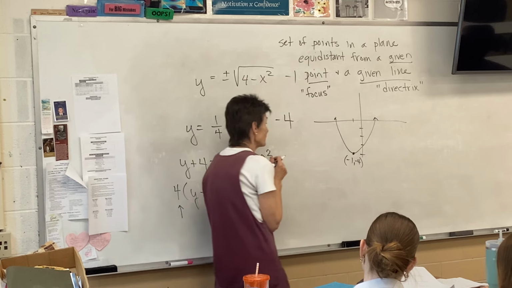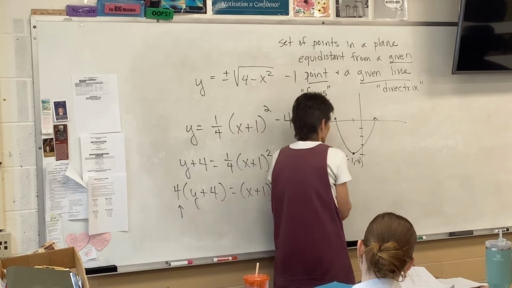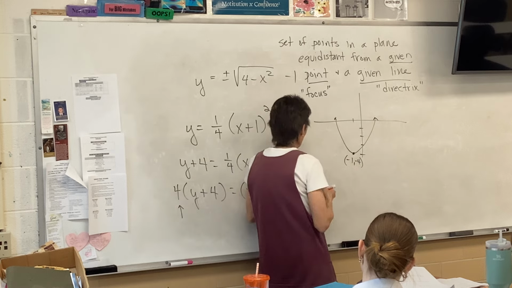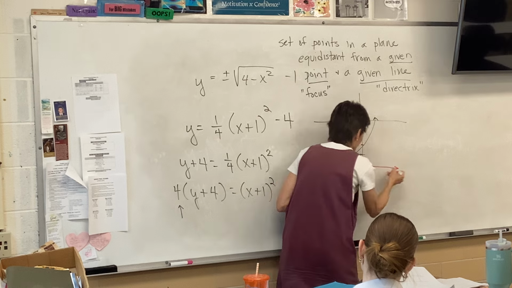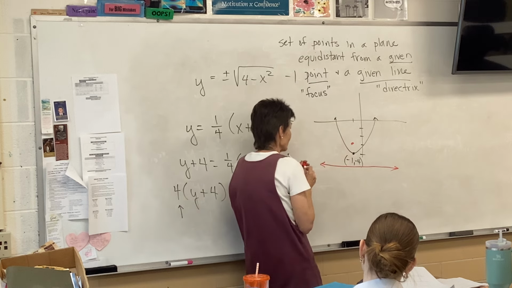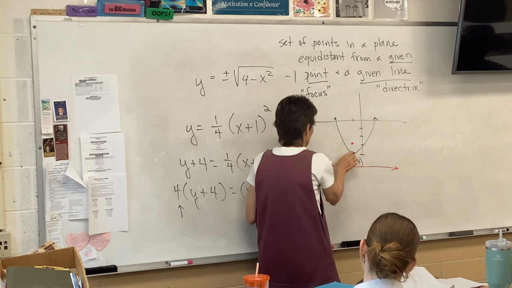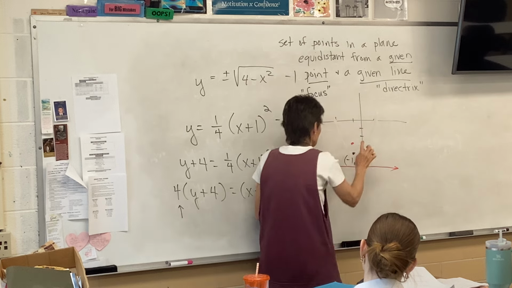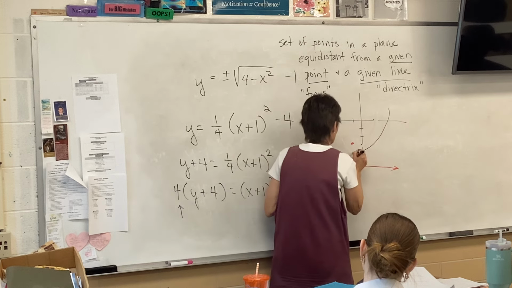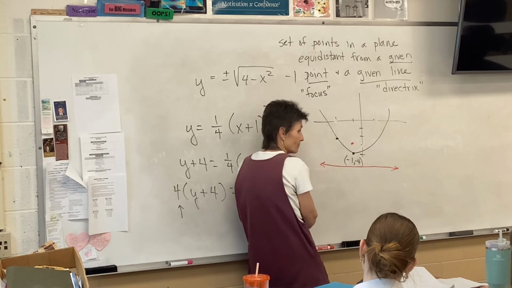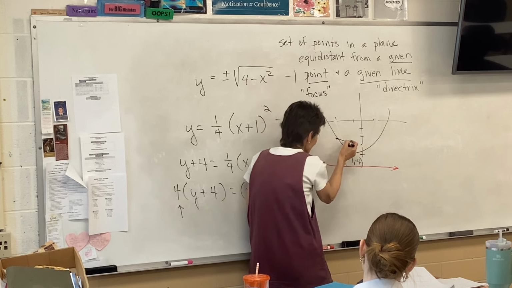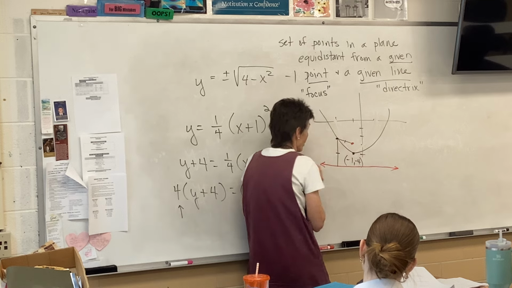Now, here's what the definition means. I don't know where they are exactly, but the focus will be there and the directrix will be here. My picture is not very good. What the definition means is that if you pick a point on the parabola, that distance and that distance are the same.